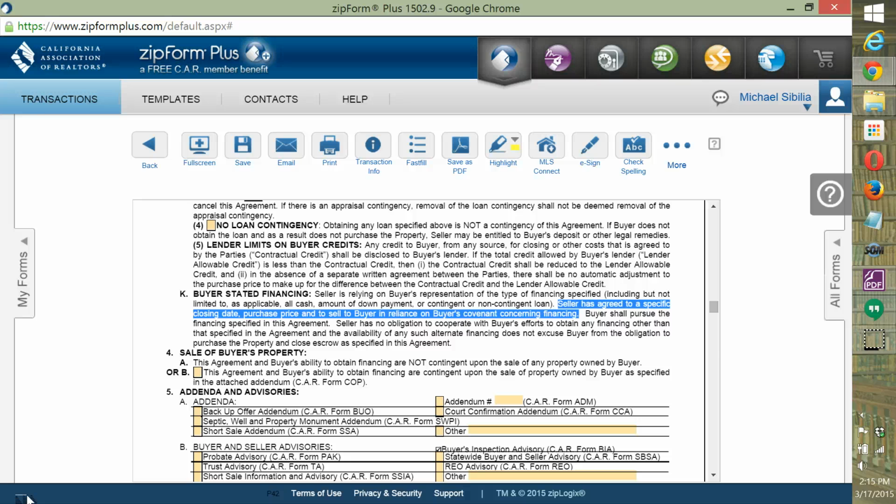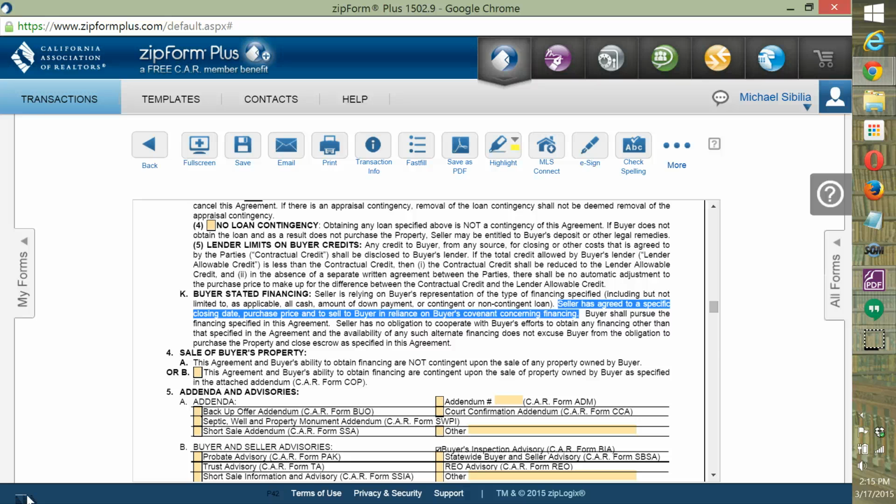So first of all, is it legal for a buyer to say all cash, then to go get a loan? They had proof that they could buy it, right? It's legal for them to do that, but they ended up having to pay a premium to get it because they weren't closing on time.